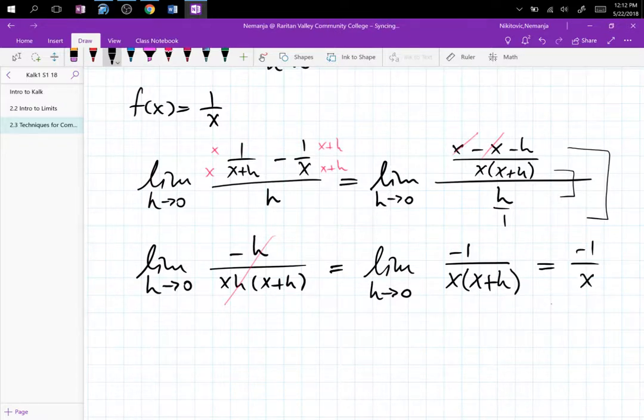Beautiful. -1 over x squared. There it is, limit computed. Yeah, you got the function on the other end. We are going to define this as a derivative in chapter 3. But the mechanics of these calculations belongs in 2.3.